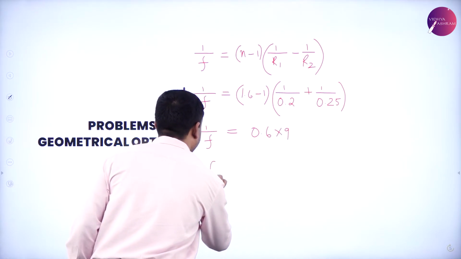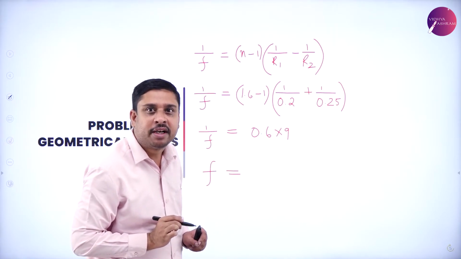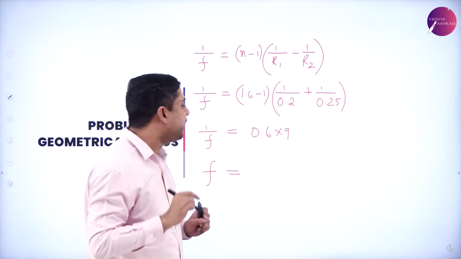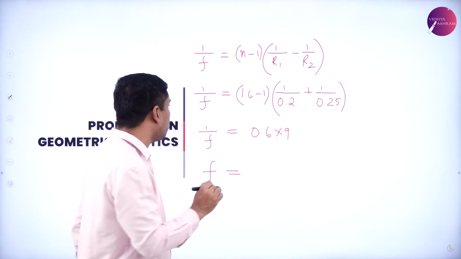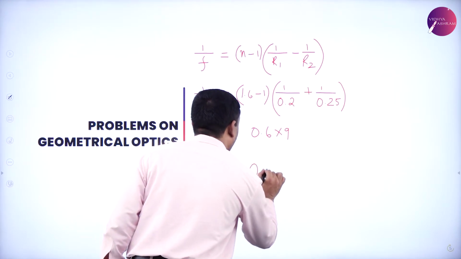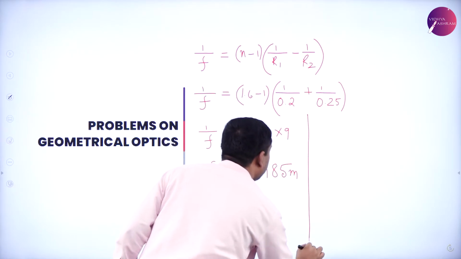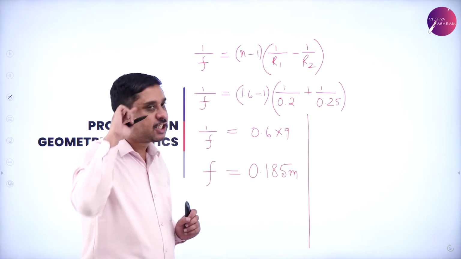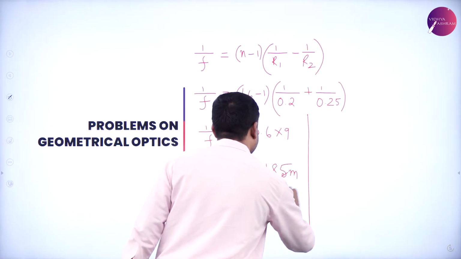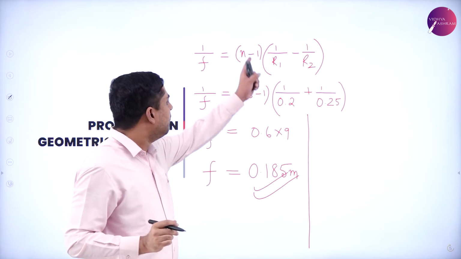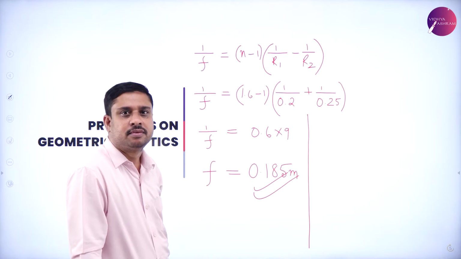So when you simplify, 1 by f will be 5.4. So f will be 1 divided by 5.4, the reciprocal, which turns out to be 0.185 meters. Now focal length is found out. Simple. I have used Lensmaker's formula. Very simply I have substituted. I have got focal length.